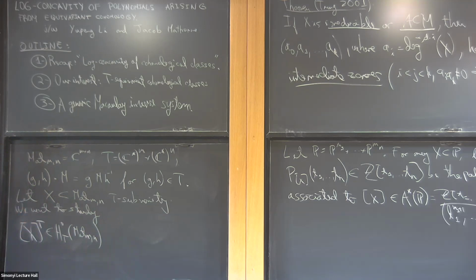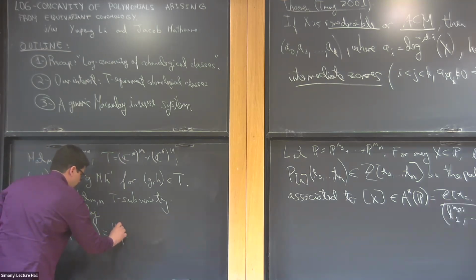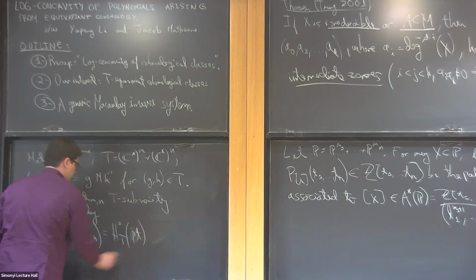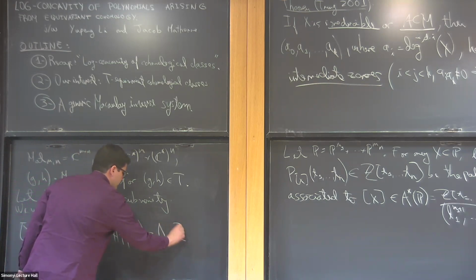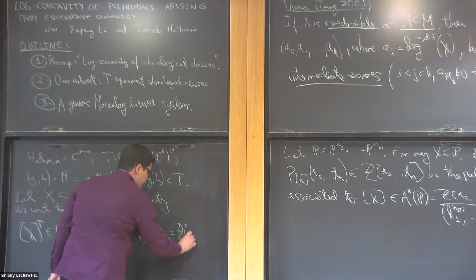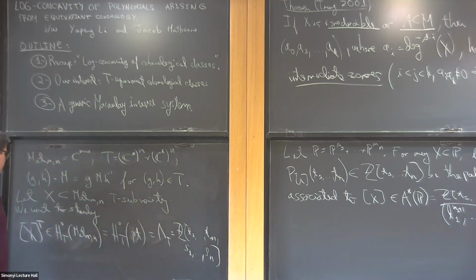So this is just a big affine space. So this is just the cohomology of the point that people denote by Γ_T, and this will be just a polynomial ring in a bunch of variables, let's say t1 till tn, and then s1 till sn. Okay, so that's our goal.